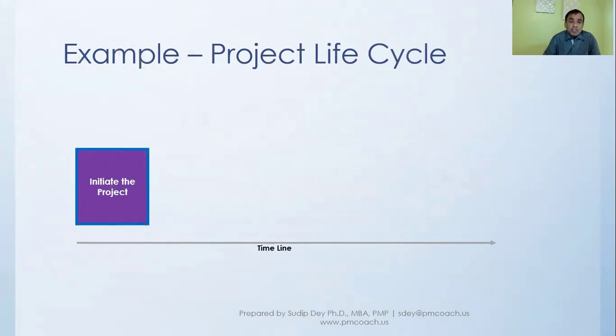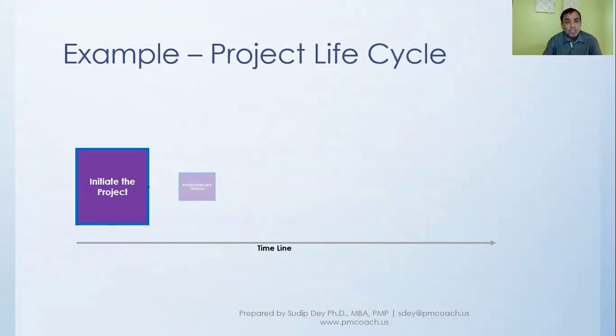In developing the system, the first phase will probably be to initiate the project. A lot of times when we initiate a project, we do a feasibility study before we embark on the project. So the feasibility study is the initiation of the project.